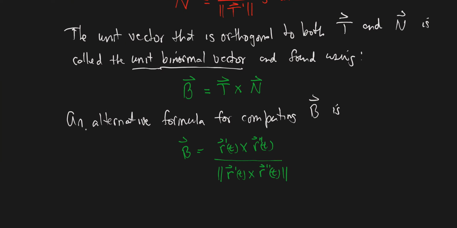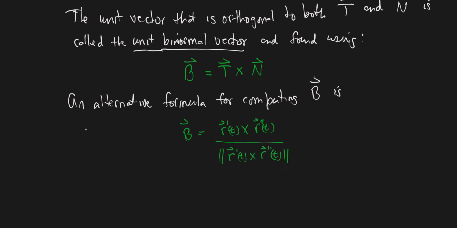Okay, so let's do an example where we're going to start with r and we're going to find T and N, and then we're going to use both of these formulas to compute B, just so that we illustrate pretty much everything that can come up in questions like this.